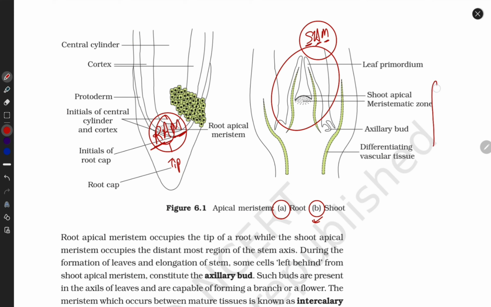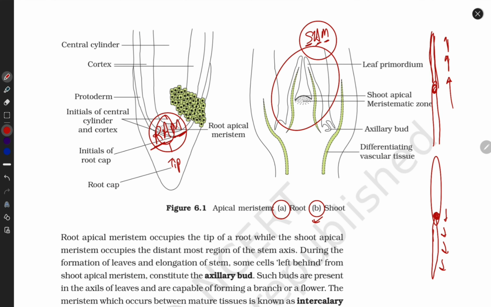Assume this is the shoot part and this is the root part. This is the root tip and this is the shoot tip. What do they do? They divide. Here this is the root, and they divide and increase their length, their growth, in this direction.